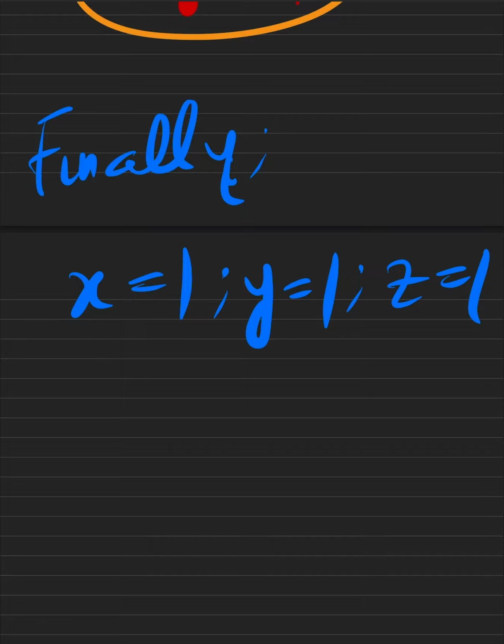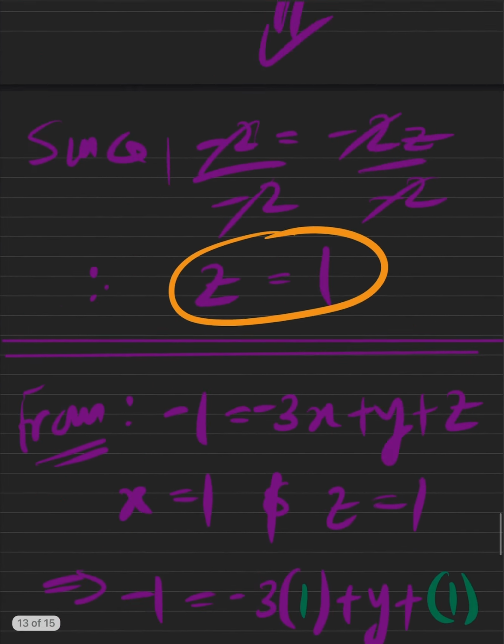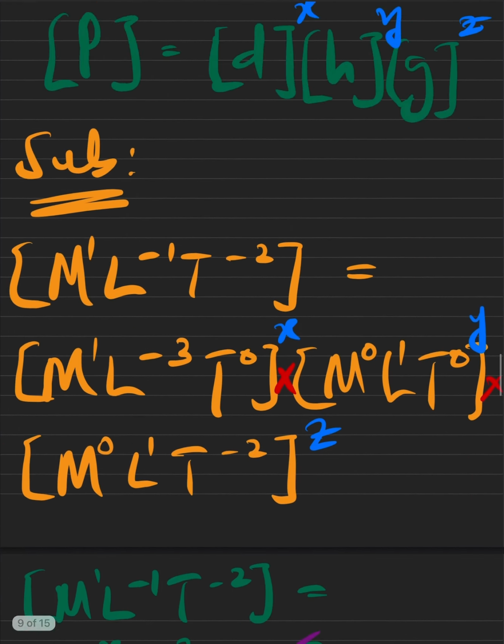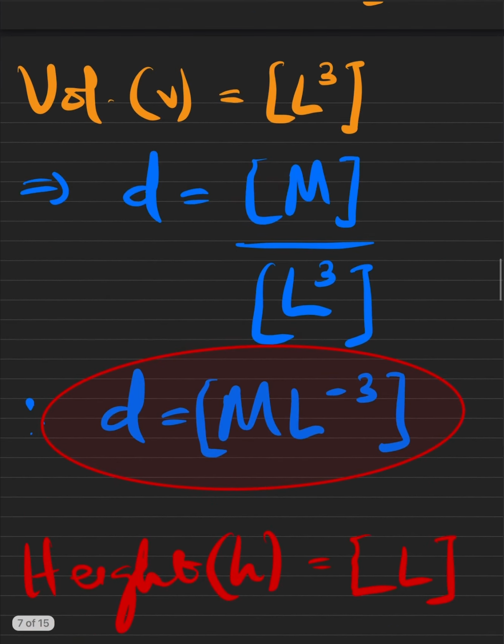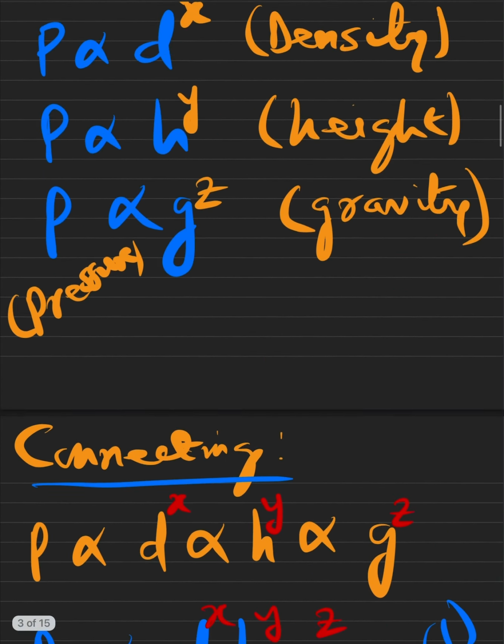So we are now going to write the original equation 1, the one that has the proportionality constant k there. Put all these variables, x, y, and z, as powers, then you see what the equation becomes, right? So let me go back and show you what the equation is.